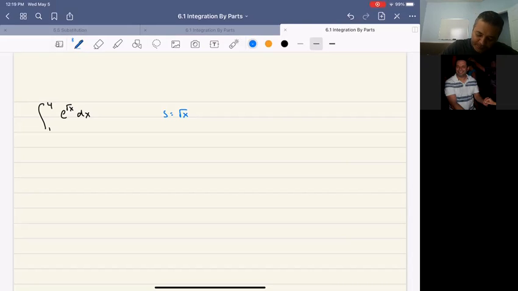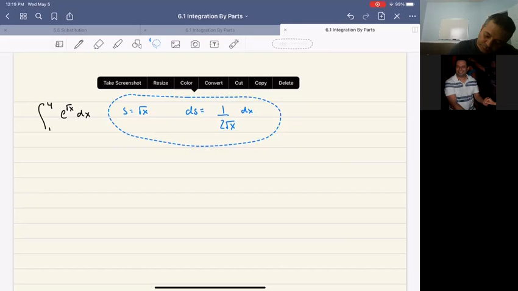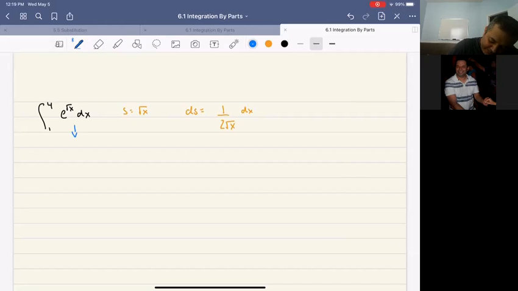Okay, so square root of x, the derivative is 1 over 2 square root of x dx. When we put this through the substitution, we get the integral. When x equals 1, s equals 1.